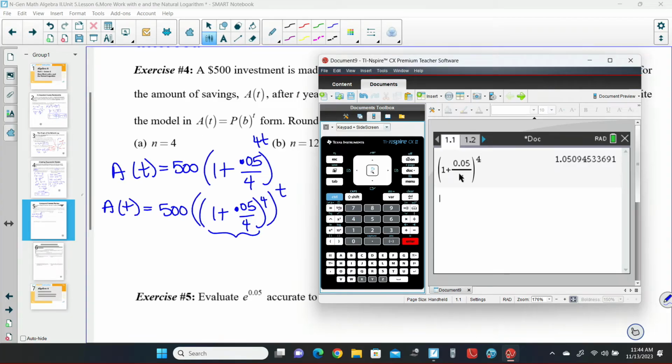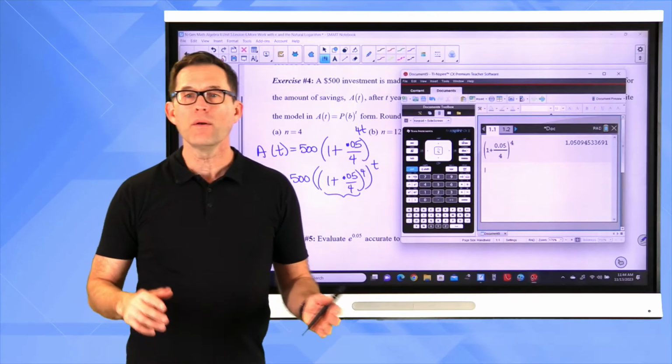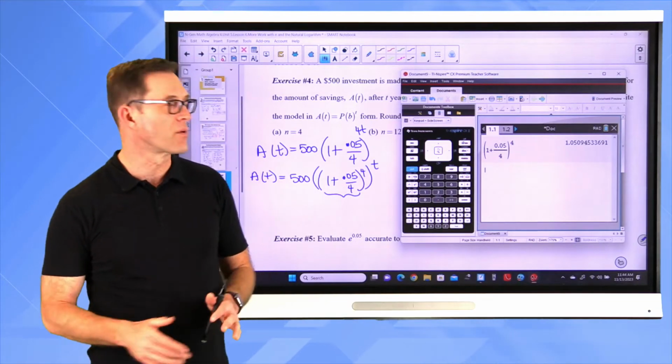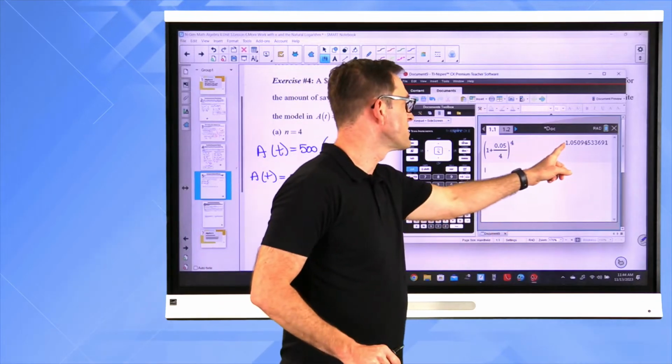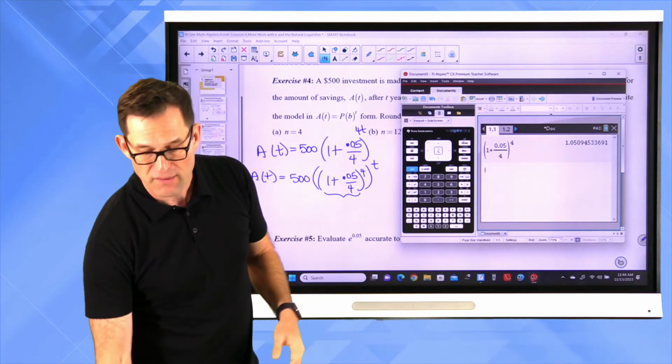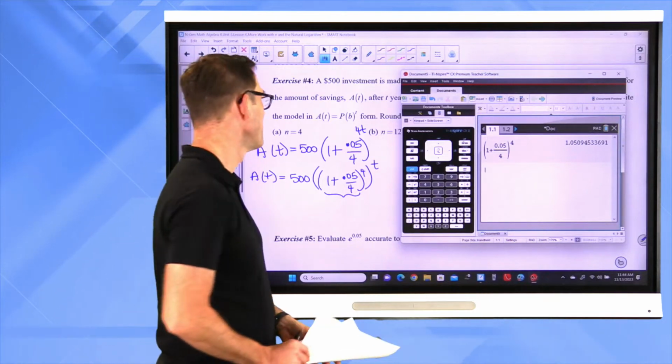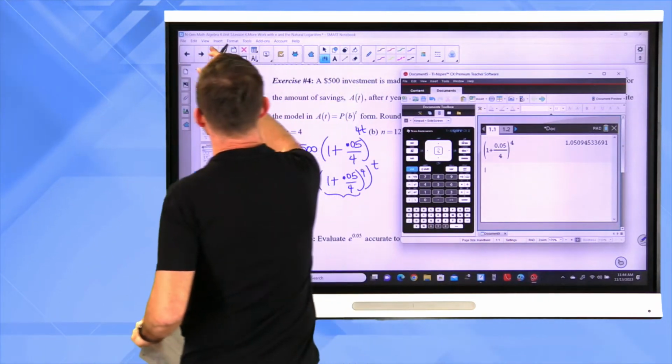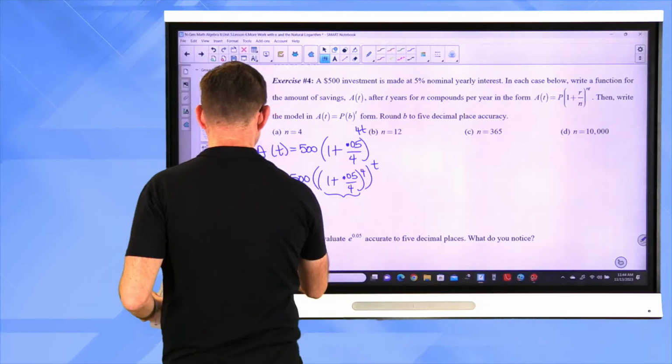Now the great thing is we're going to be doing this calculation again and again. There we go. And we have 1.0509, etc., right? And to 5 decimal places, that's 1.05094. A lot of it, all right? So let's go back to here.